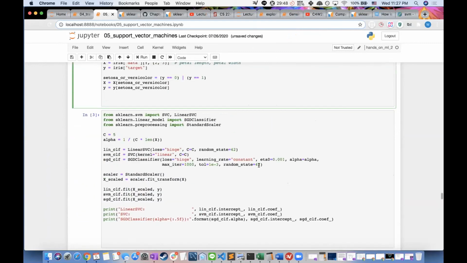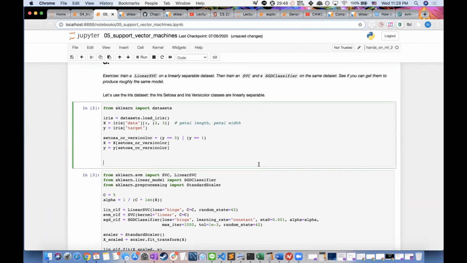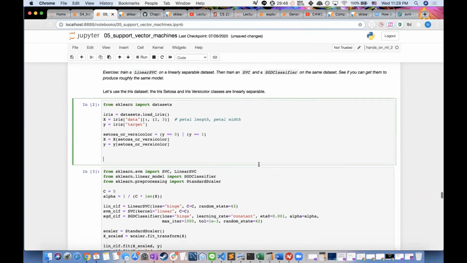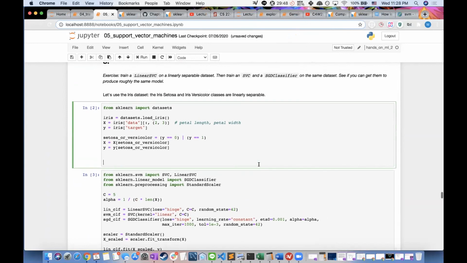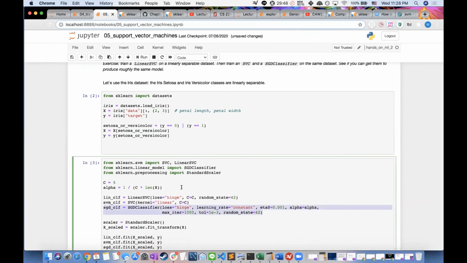You're basically just trying to build an SVM classifier from three different classes, but with the last one, that's a little more complex in terms of the parameters.